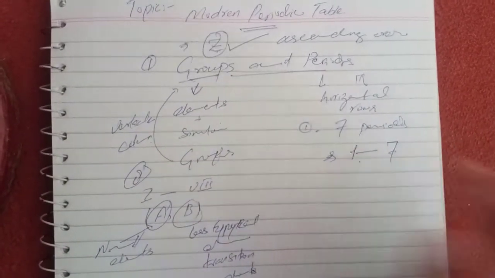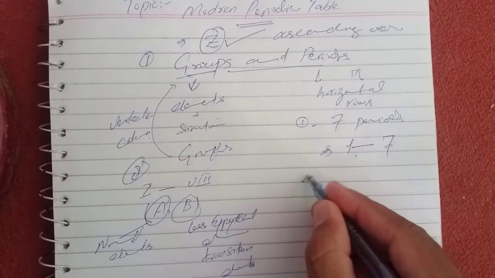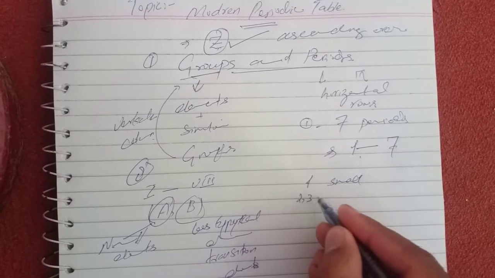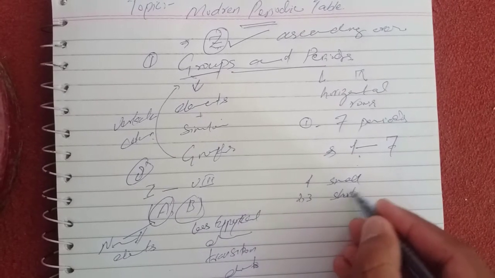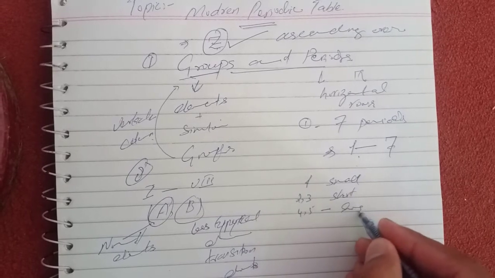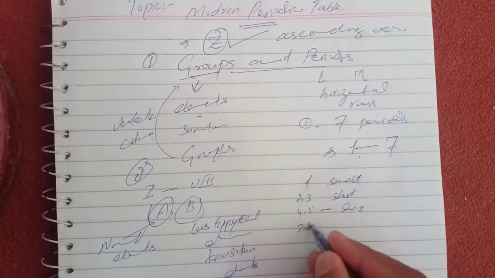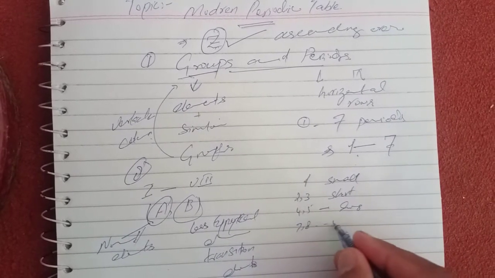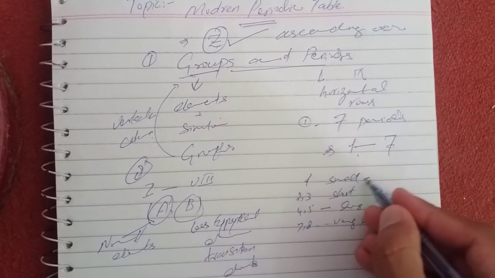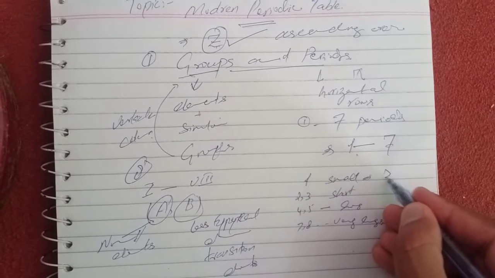The first period is small, the second and third are short periods, the fourth and fifth are long periods, and the sixth and seventh are very long periods. The first period contains only two elements.